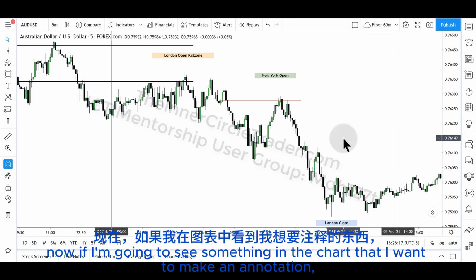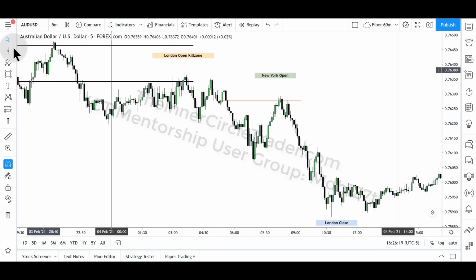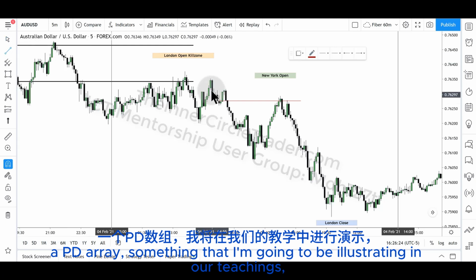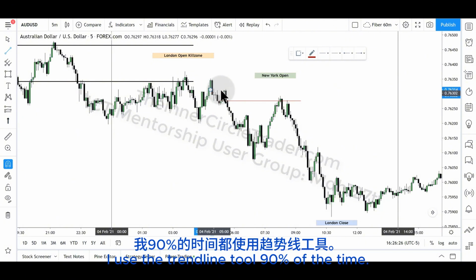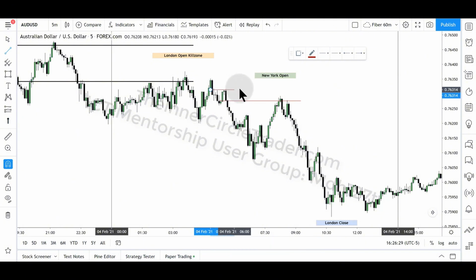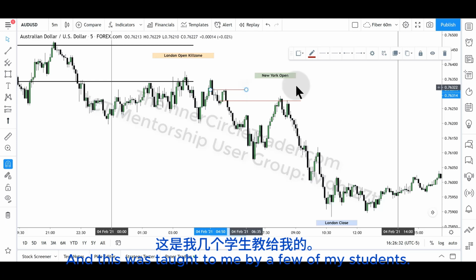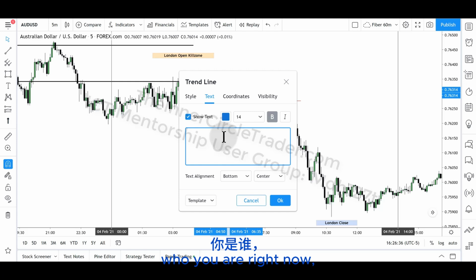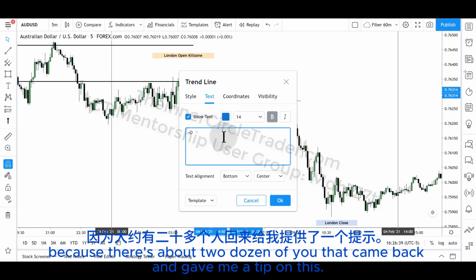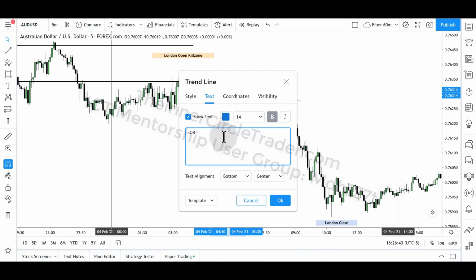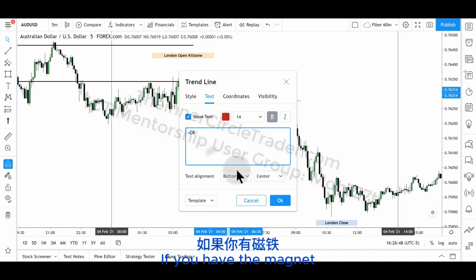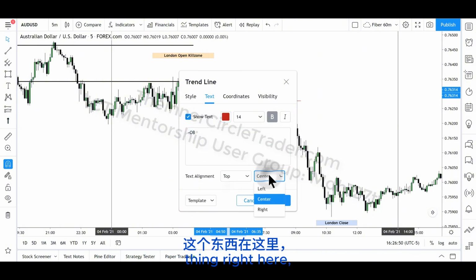And now, if I'm going to see something in the chart that I want to make an annotation, a PD array, something that I'm going to be illustrating in our teachings, I use the trend line tool 90% of the time. And this was taught to me by a few of my students, and forgive me, I don't recall who you are right now, because there's about 24 of you that came back and gave me a tip on this. As you drag your trend line across the chart, it's going to jump all around if you have the magnet thing right here.